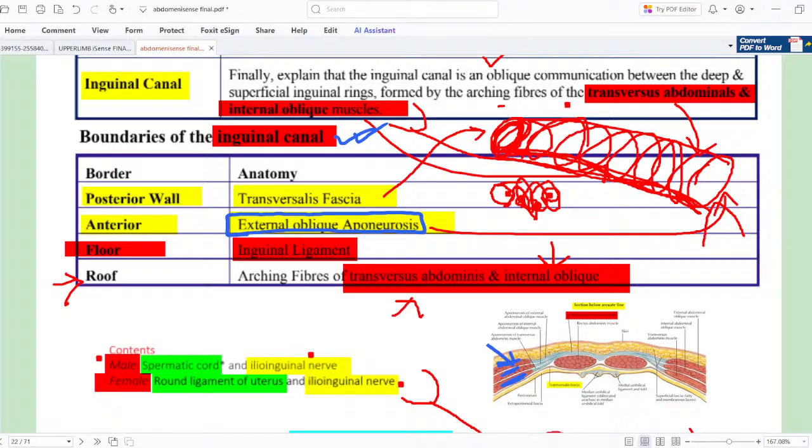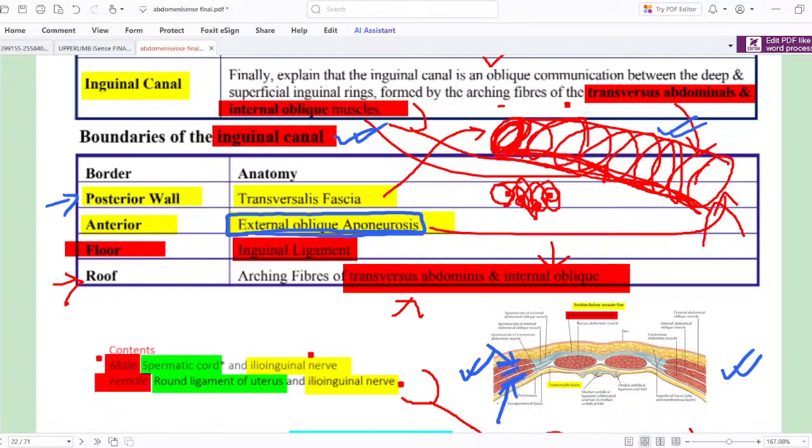Don't remember this picture; mainly we have to remember this kind of picture, but I took this one only to correlate with the previous structures. So the anterior wall is by external oblique aponeurosis, then the posterior wall. In this picture, the posterior wall is the transversalis fascia.